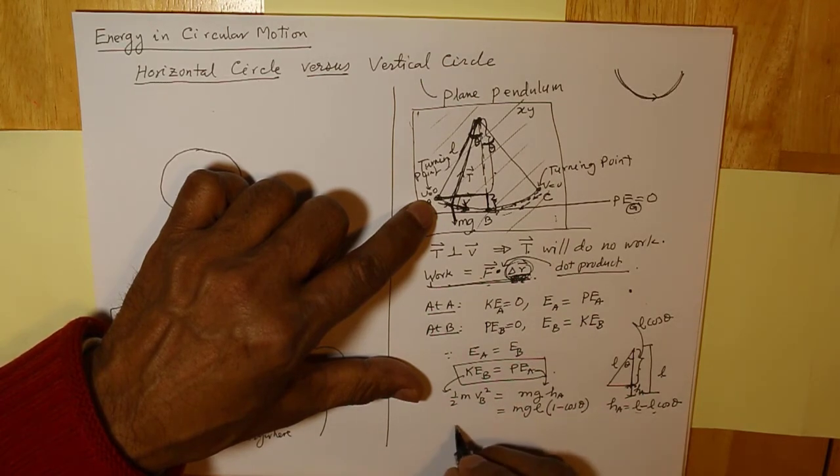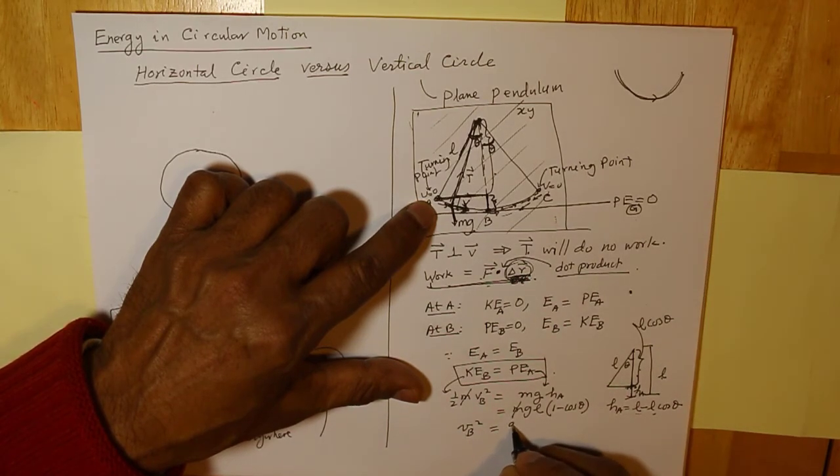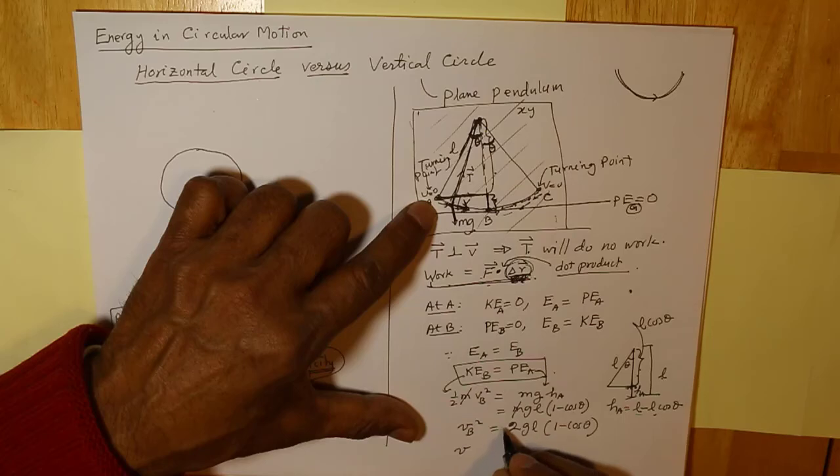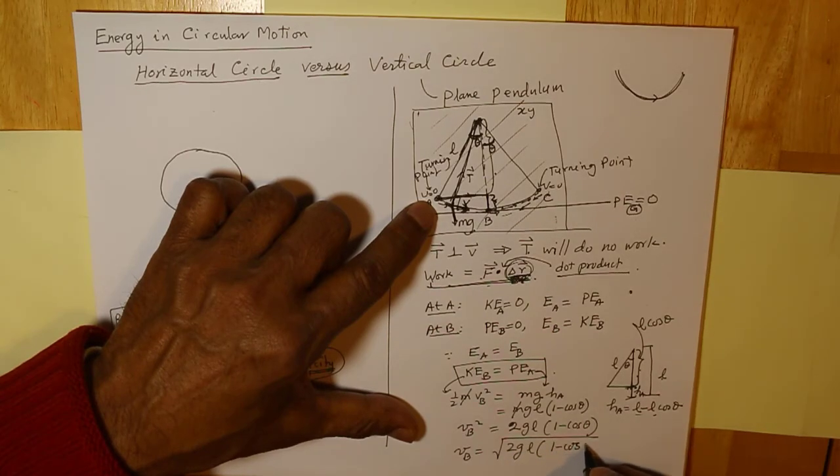If I divide out mass from both sides, I get vB squared equal to 2gL times 1 minus cosine theta. And vB is speed, so if I take a square root, I don't need to keep the negative. So vB is the square root of 2gL times 1 minus cosine theta.